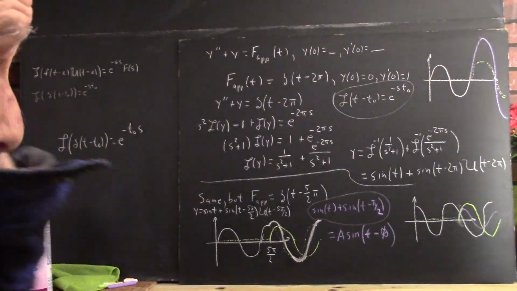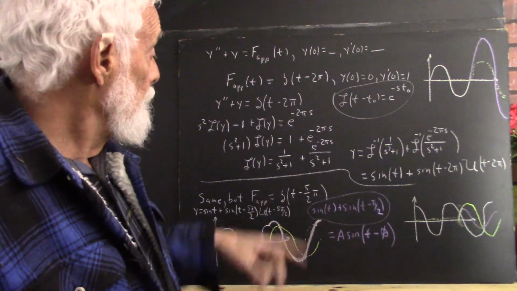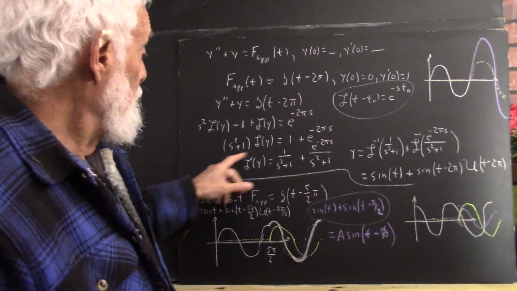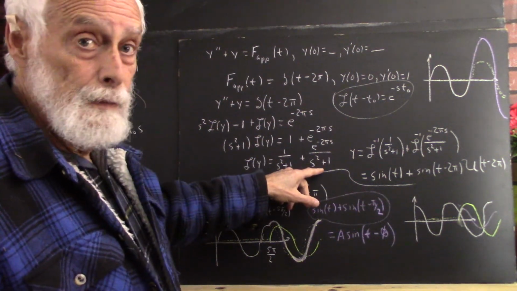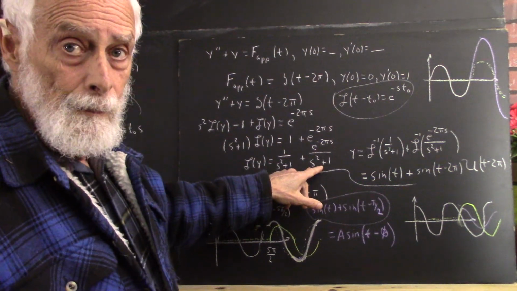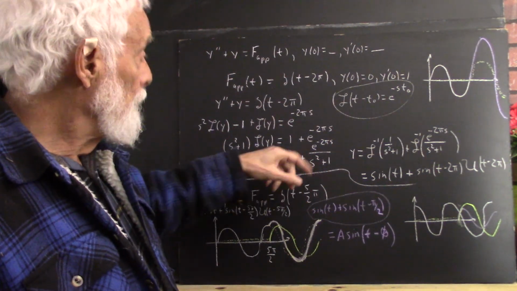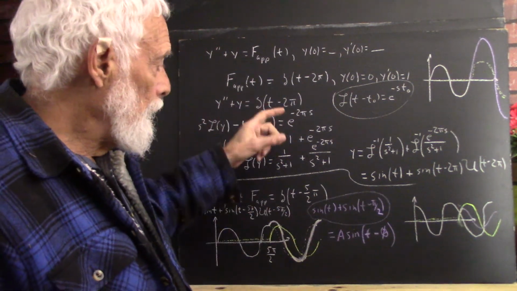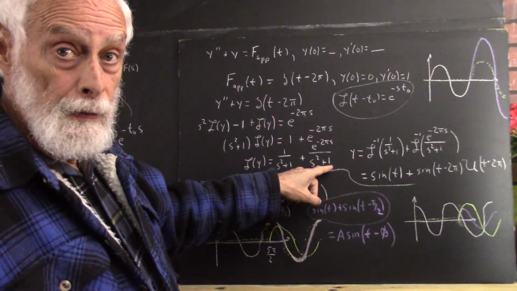Let me make one more observation. In any of these cases, your denominator is always going to be this factor of your Laplace transform. So it's always going to be a sine function. It's always going to be a shifted sine function, and it's going to have the same period because you're going to have a sine of t because you have a 1 here.